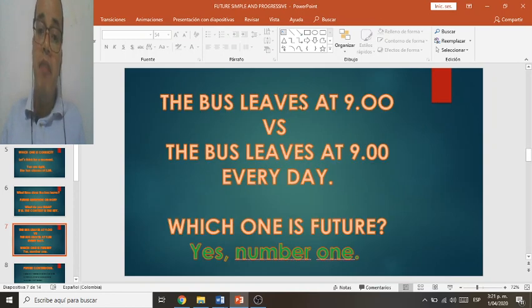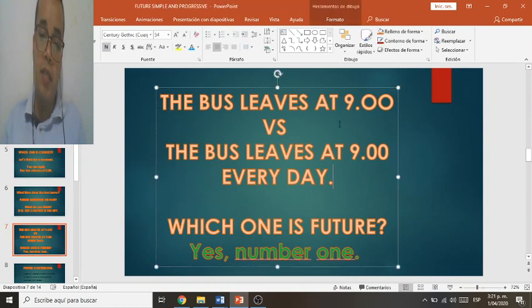The bus leaves at night versus the bus leaves at night every day. ¿Cuál de las dos es presente y cuál de las dos es futuro? Let's analyze. Obviously, the one that says every day is the present, because it's a routine.